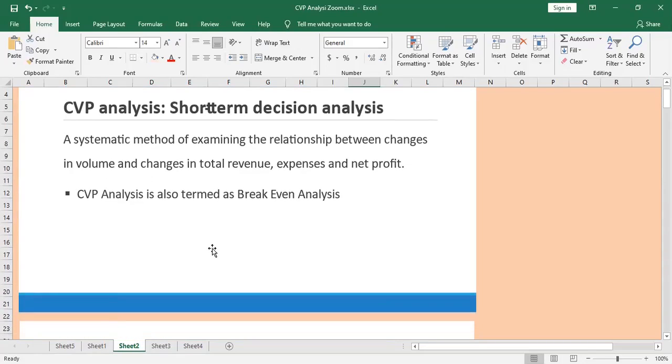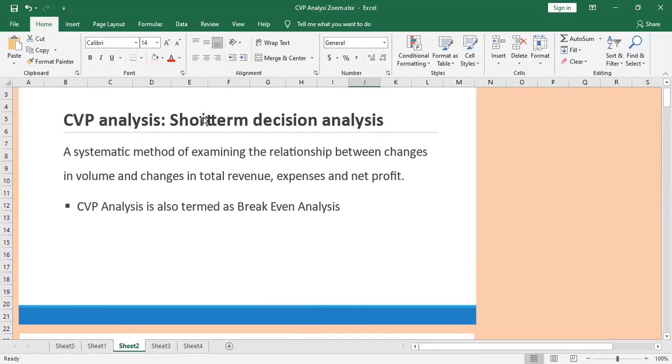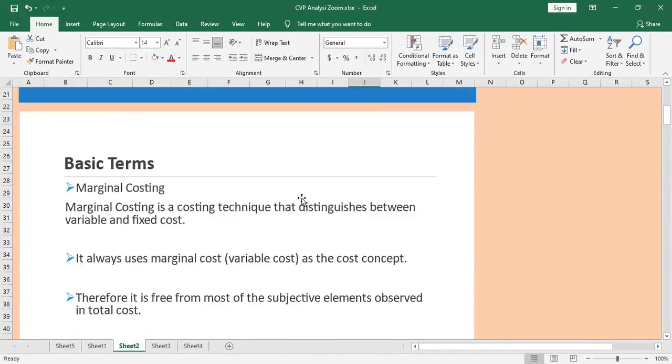Okay, so let me move into this one. Again, I have mentioned here it's a short-term decision type of analysis. It's not applicable for the long term, because we are based on a lot of assumptions, which we will discuss later. These are the basic terms when it comes to cost profit volume analysis.